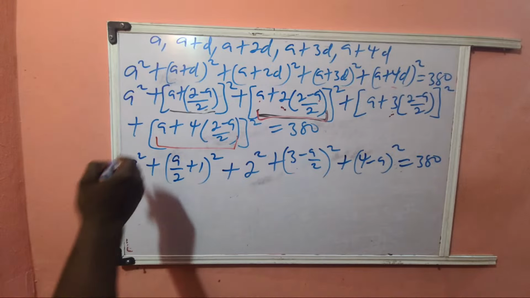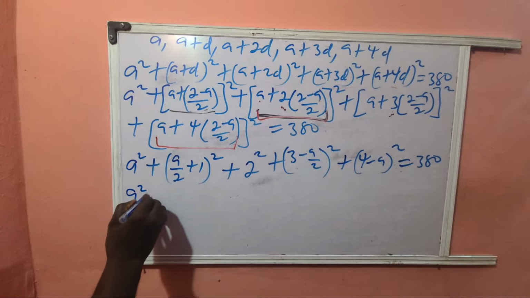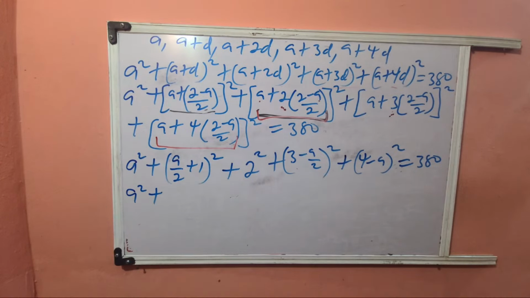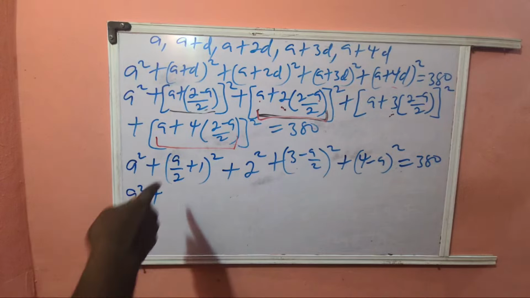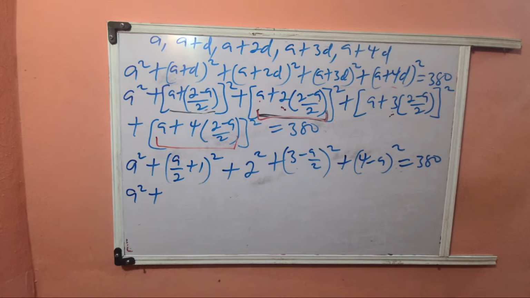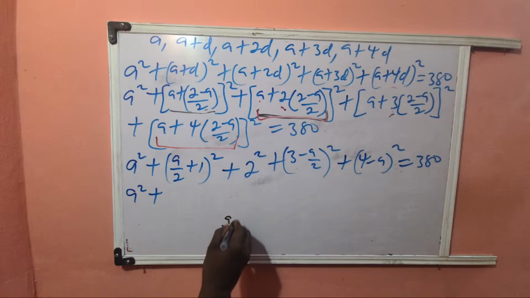All right. The very first one is a squared. Now the next one we have, a over 2. I told you just recently, we will take the first term and square it. That will be a over 2 squared. What's a over 2 squared?